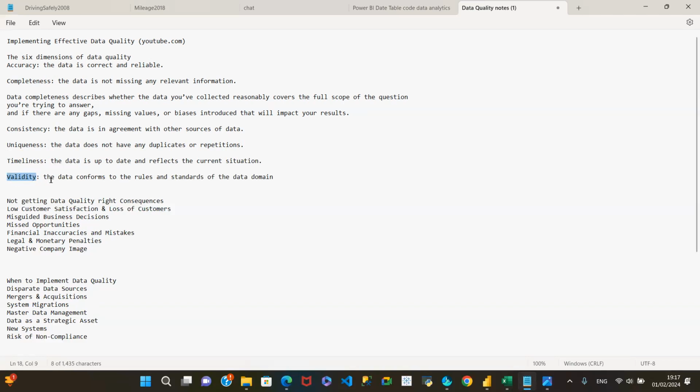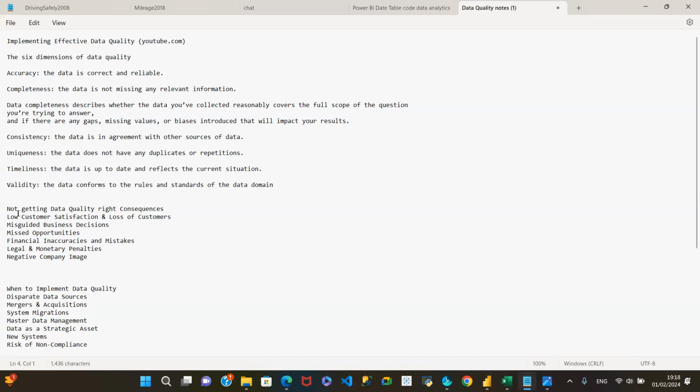Then we talk about the validity of the data. Does it conform to the rules and standards of the data domain? So these are the 6 dimensions of data quality.